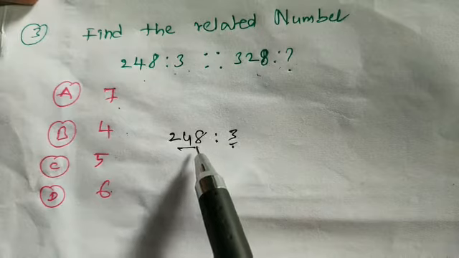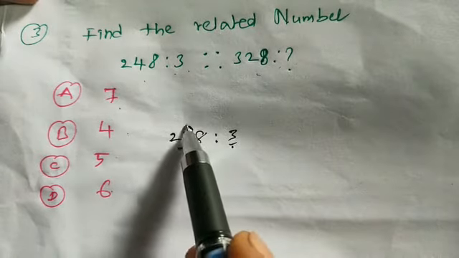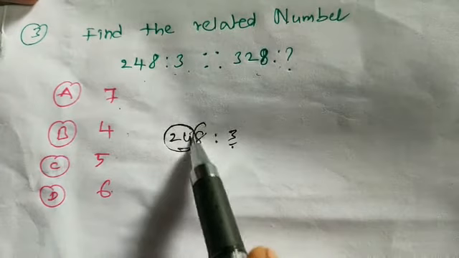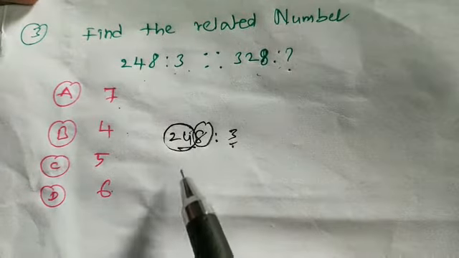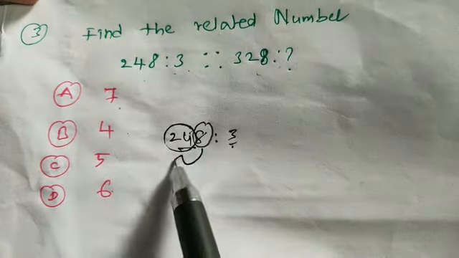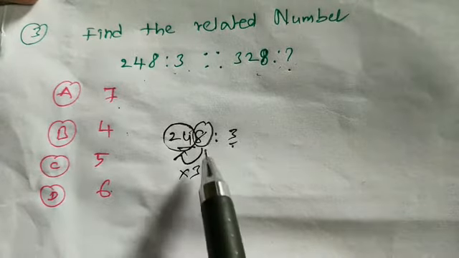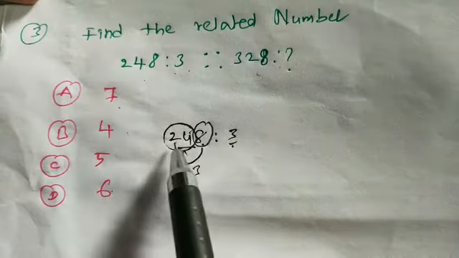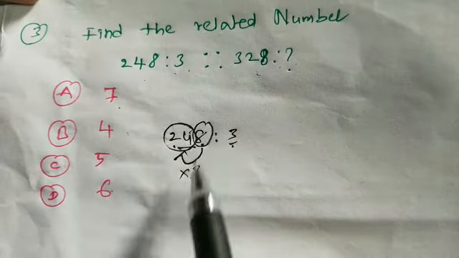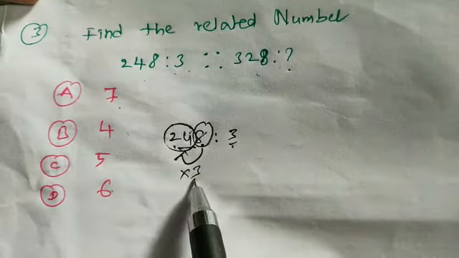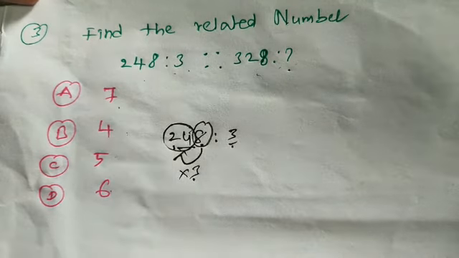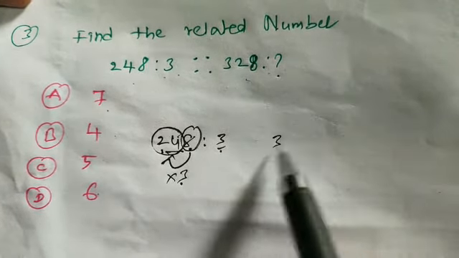Students, see here. 24 and 8, there is any relation? Yes. 8 into 3, we are getting 24 or not? With the help of 8, we are getting 24. How much? 8 3s, we are getting 24. Is it or not?